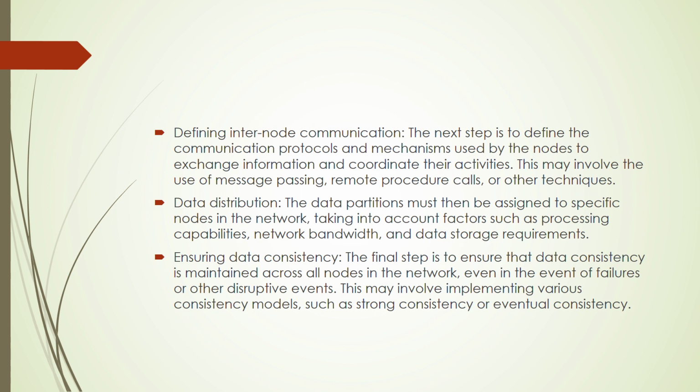Then we've got defining the inter-node communication, in which you define what mechanism you're going to use, what protocols you are going to follow when you're trying to exchange information and coordinate the activities. Then we've got data distribution, in which the data partitions that we just made are assigned to specific nodes. Then we've got data consistency, which makes sure that the data is maintained and updated in real time, and in case any failure occurs it can be compensated.